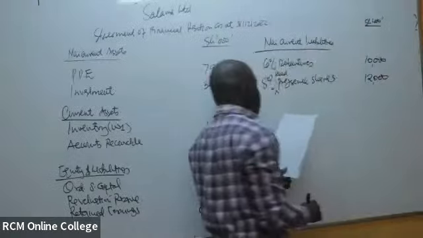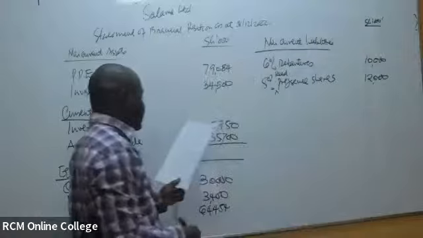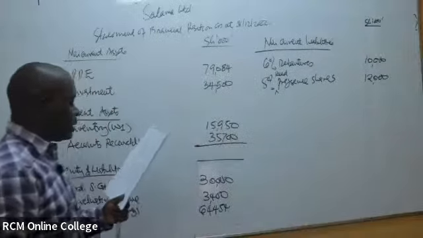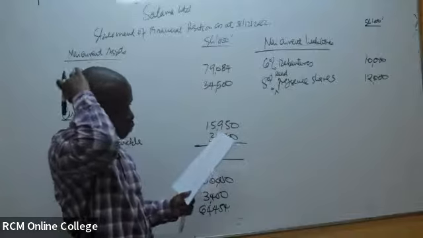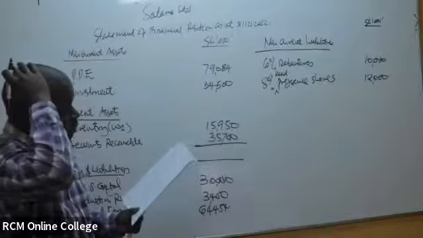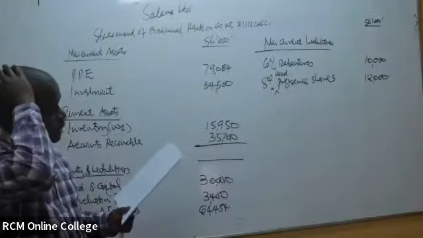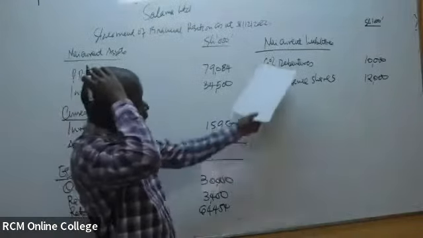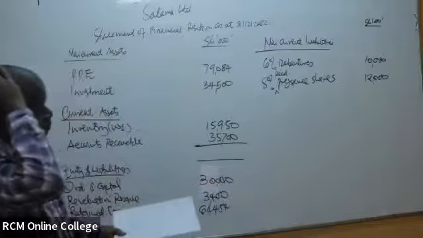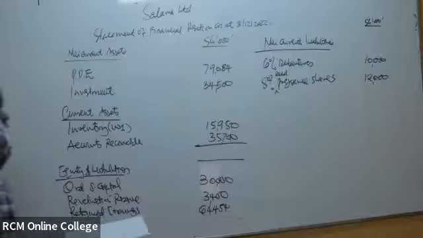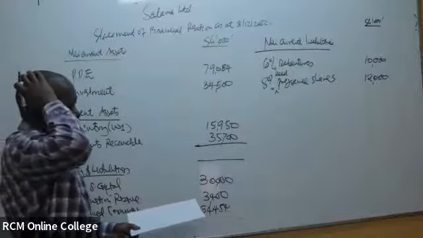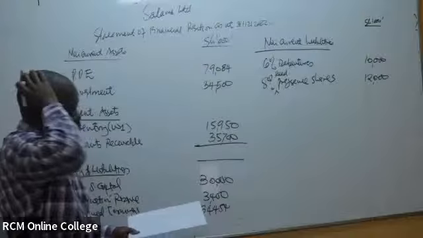You can always look at the credit side of the TO balance if there's any other item of non-current liability that you can identify. Maybe I could ask, which other item do you think we'll end up including here as a non-current liability, apart from the 6% debentures and the 8% redeemable preference shares?